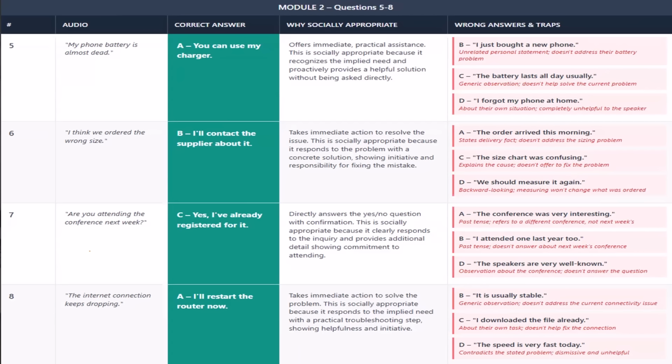And I have an entire lecture in the course on what that means, because other answers are real answers that a person might say, but it's not the most socially appropriate answer to say. And that's what they're testing you on, because when you go into a foreign country, you have to know what is the socially appropriate thing to say in that country or where you're going to. So that's what they really are testing you on.